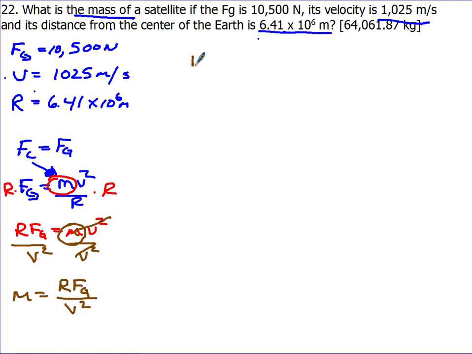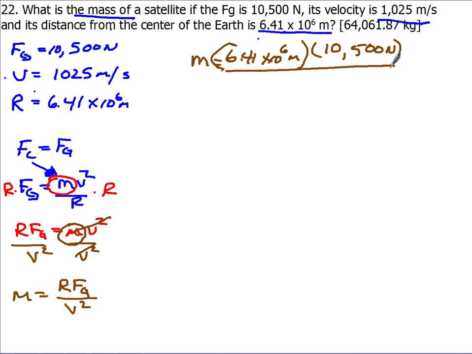And I'm going to plug this in up here. The radius is 6.41 times 10 to the 6 meters. The force of gravity is 10,500 newtons. And the velocity is squared, so this is 1025 squared.